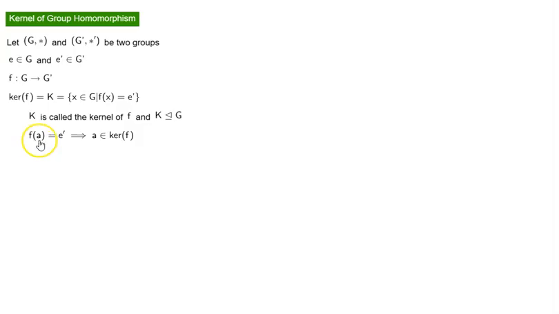If f of a is an element of G prime, so if f of a is equal to e prime, that implies that a is in the kernel of f.